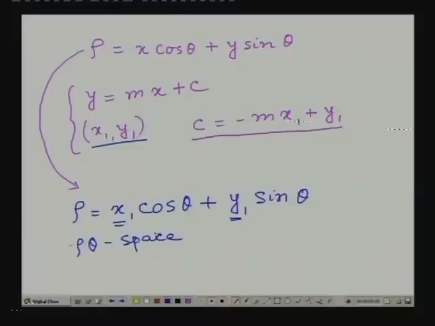In this case, the same q number of collinear points in the xy plane will be mapped to q number of sinusoidal curves in the rho theta plane, but all those sinusoidal curves will intersect at a single point, which gives us the values of rho and theta, which are the parameters for the straight line on which all those q number of collinear points lie.